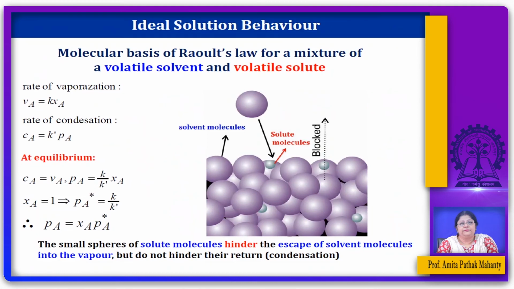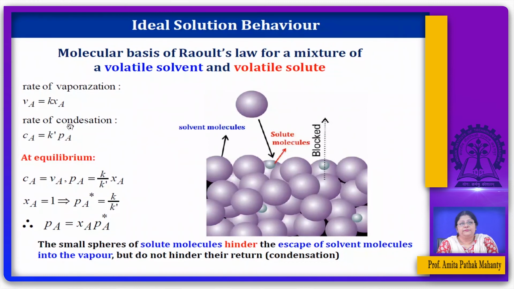Now equate these two, what do you get? You can find the value of the partial pressure of A equal to the ratio of K by K prime. What was that? It was the rate ratio of the two processes which are occurring, right?